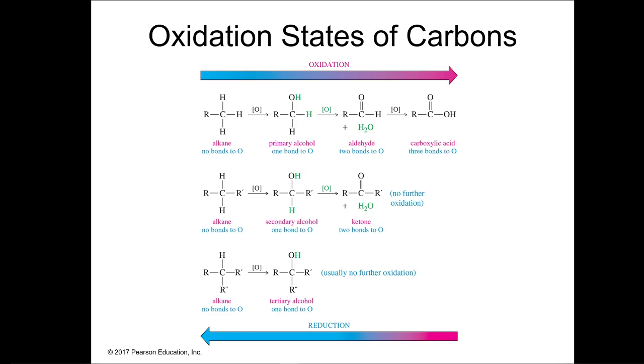So when we talk about oxidizing, we're talking about going from alkane to alcohol to aldehyde to carboxylic acid to carbon dioxide. And if it's a secondary alcohol, then you can go alkane, secondary alcohol, ketone. And if you're a tertiary alcohol, you can't usually oxidize further than that. But that's what we're talking about when we talk about oxidation and reduction.